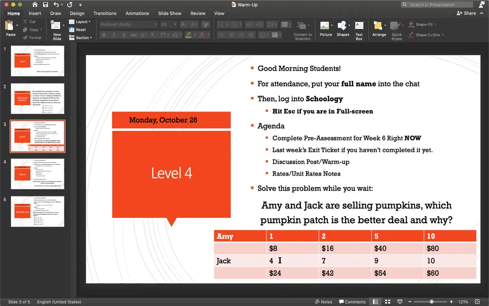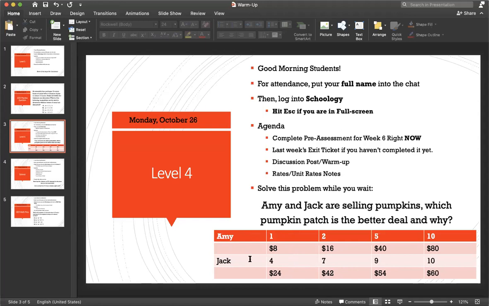Okay, good. So whenever we're looking for the better deal, we're always going to be looking for the better rate. Amy is selling her pumpkins for $8 a piece, while Jack is selling his pumpkins for $6 a piece. 4 times 6 is 24, 7 times 6 is 42, 9 times 6 is 54, 10 times 6 is 60.